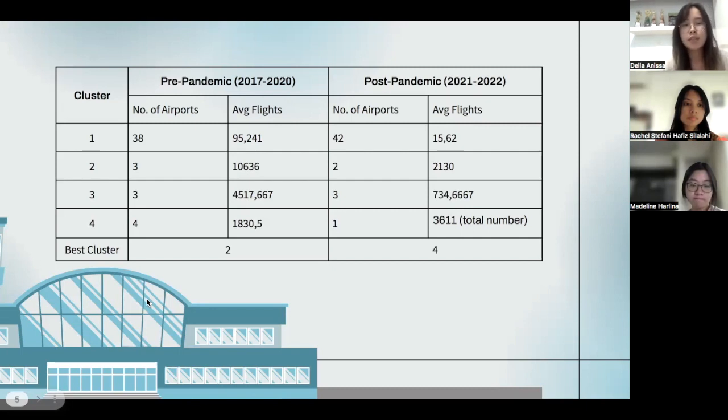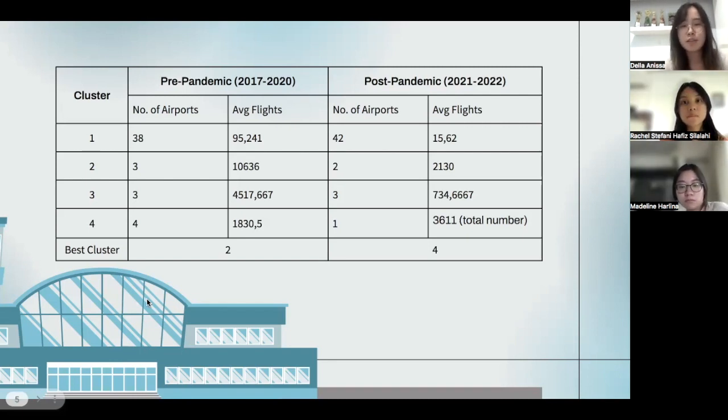However, it changes during the time of 2021 until 2022, because due to the pandemic, Juanda Airport no longer has the highest number of flights, and even now, its flight volume is only around 60% of what it was prior to the COVID-19 epidemic. Where now Cengkareng is titled as the airport with the most frequent flights from or to Lombok.